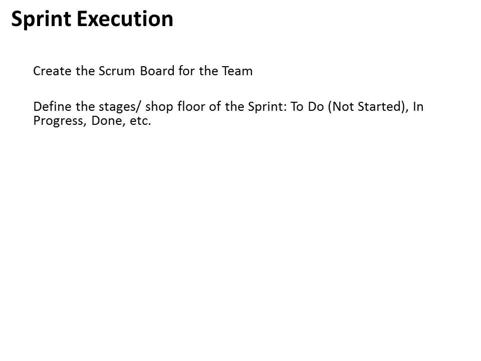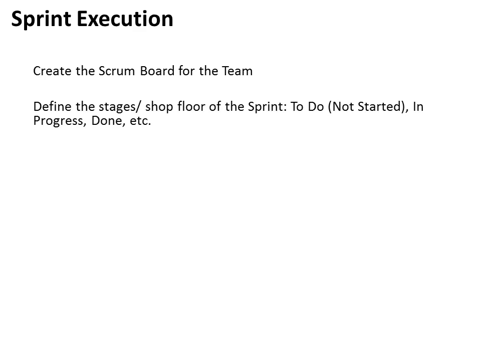So let's say you're getting started with the sprint execution after the sprint planning, and what are the things you need to do? Well, one of the first elements of Scrum would be to create a Scrum board. It's basically a visual radiator which shows the different tasks and what stage they are in.